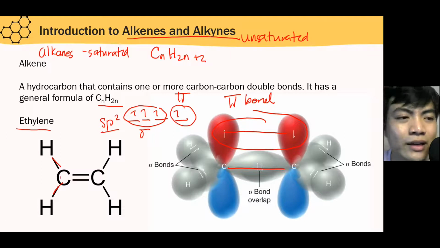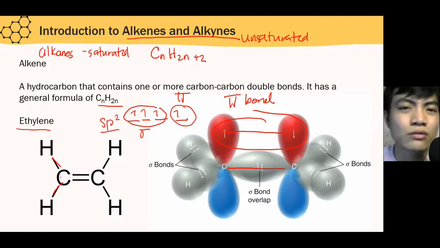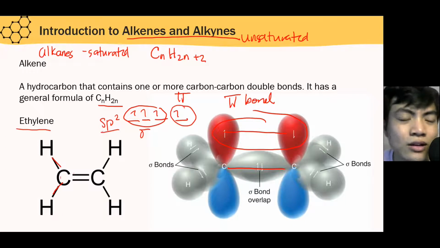So the pi electrons are used to create the pi bond. Again, the characteristic of a pi bond is that it looks like a dumbbell. So that's for alkenes.